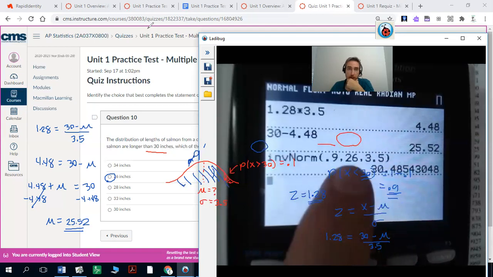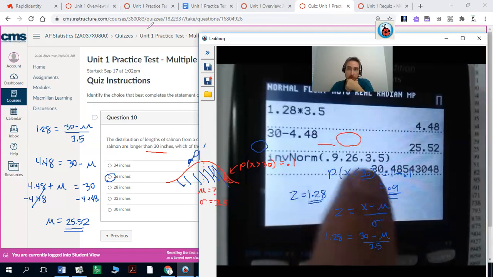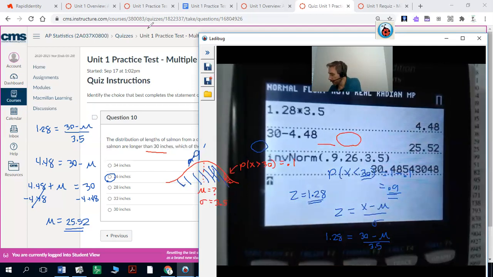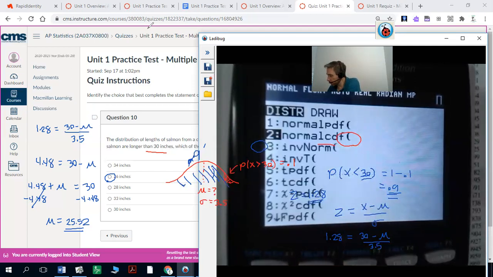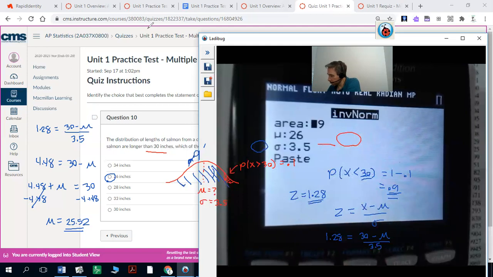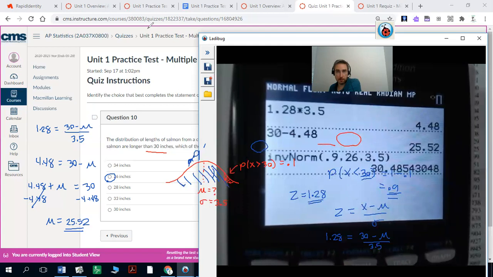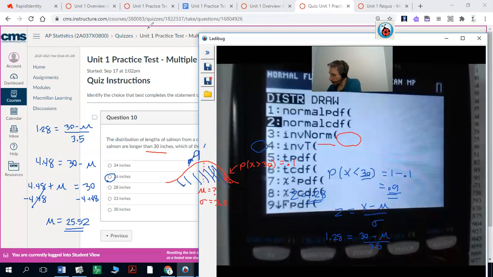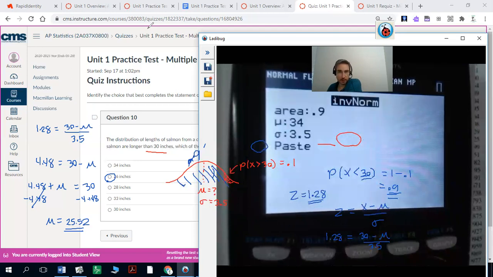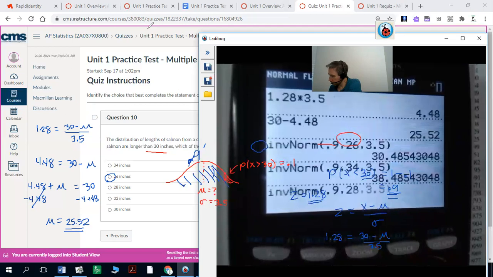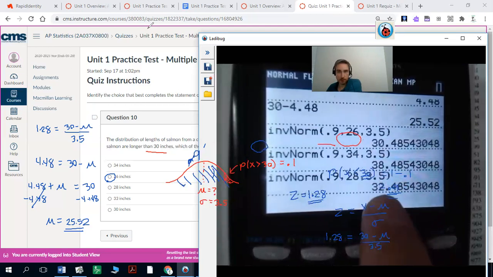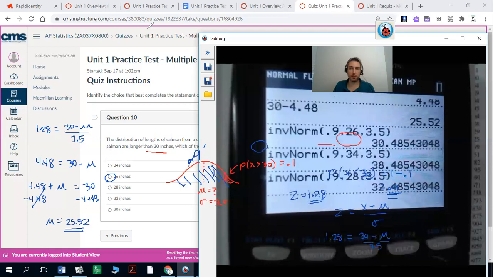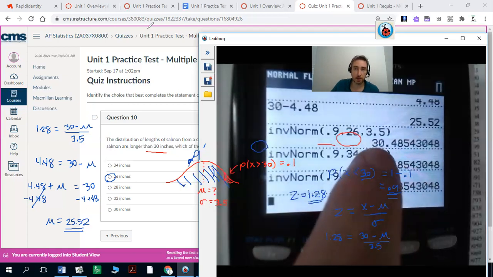And you see how 26 does give me about 30. But if I were to do that with the other answer choices, let's say I made 34, that's too high. And let's say I made that 28. Too high. And you can see the other ones are going to be too high, but this one is going to be closest to 30.